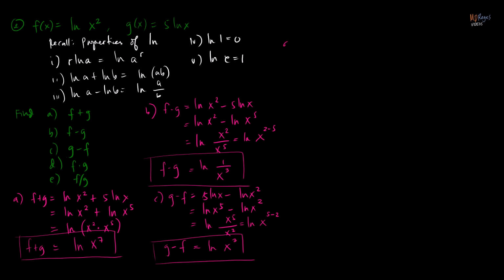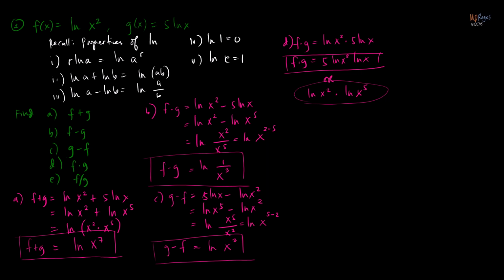Okay, so for letter D, this doesn't make so much sense. f times g is simply ln of x squared times 5 ln of x. We can write this as 5 ln of x squared times ln of x, using the property, or you can just write this as ln of x squared times ln of x to the fifth.